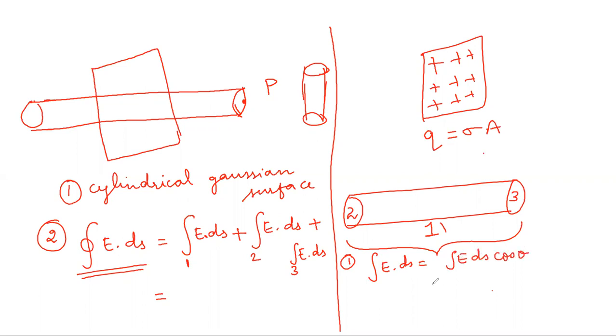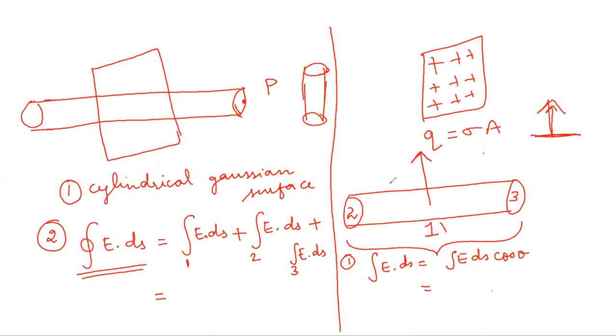Now let's see what this theta is. If you consider any surface, what is the area vector? It is perpendicular, that is normal to it. If I consider this surface now, what is the area vector direction? It is in this direction, perpendicular, because I have taken the surface like this. So this is the area vector. But what is the direction of the electric field?